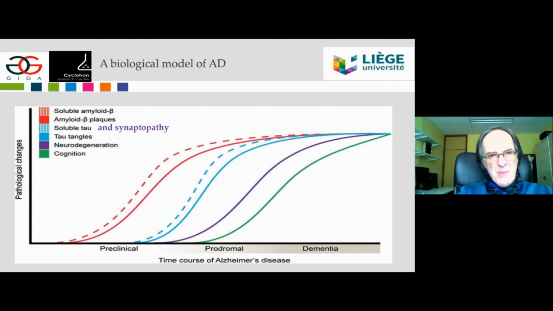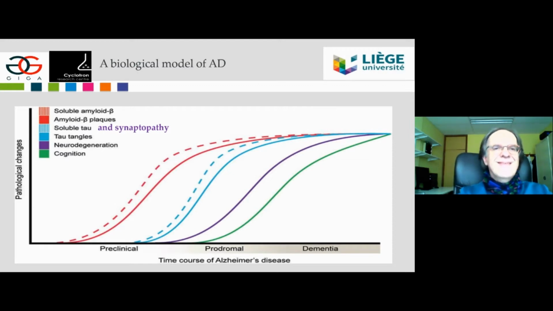Amyloid should probably be first, and very quickly after might come tau, and again probably soluble first, because the oligomers would be much more dangerous for our neurons and synapses.